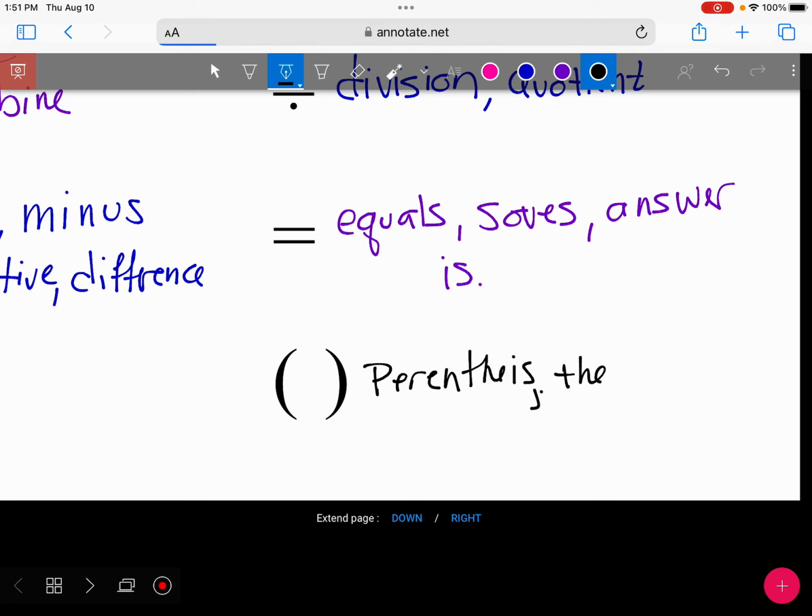We'll say the group, or we'll say something like and then. So if we add 2 and 3 and then times by 5, so 2 plus 3 in parentheses times 5, and then means we're going to group it together.